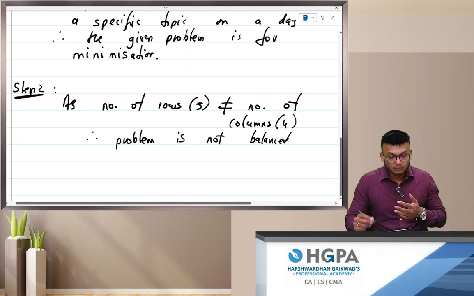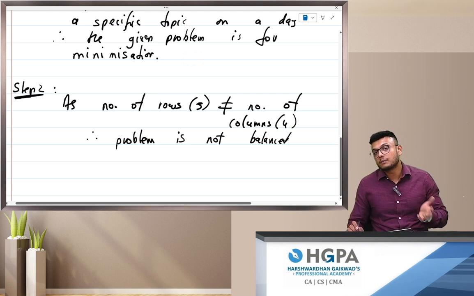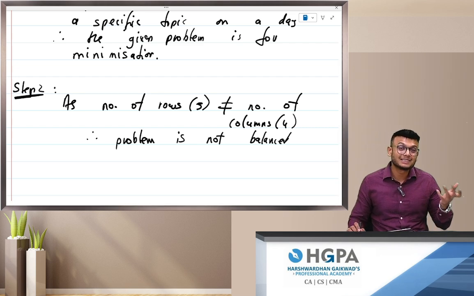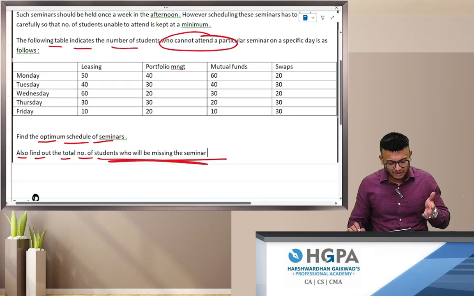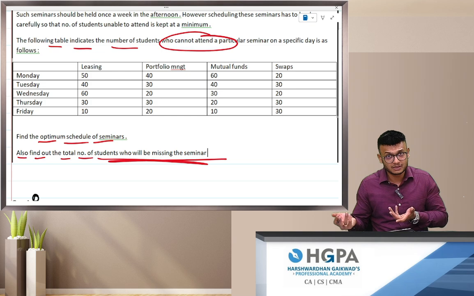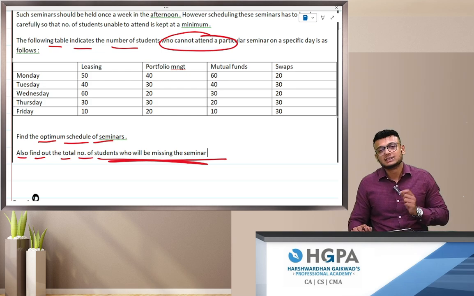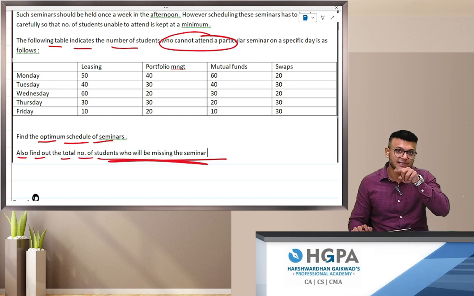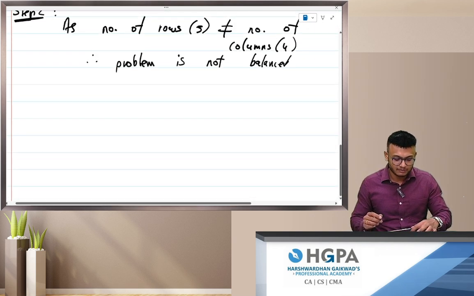To make the problem balanced, we need to insert a dummy row or dummy column. Now if 5 rows and 4 columns are there, I'll put a dummy column so that the question becomes balanced. The moment I put a dummy column, I need to put figures over there, and the figures will be 0, 0, 0. Okay, can we do this please, everybody?